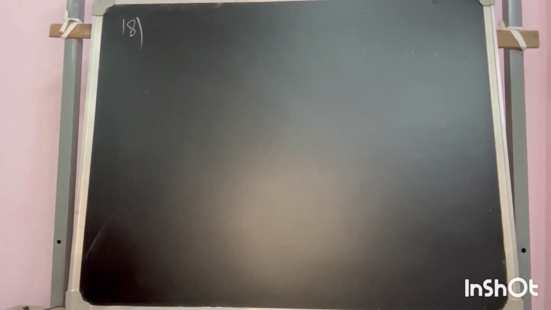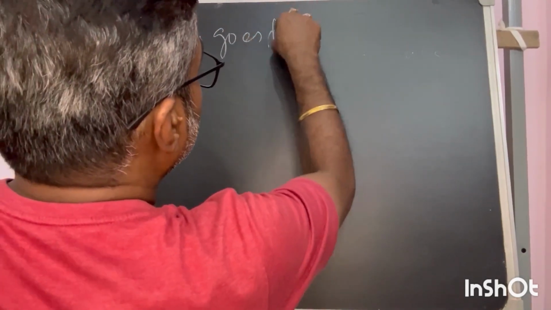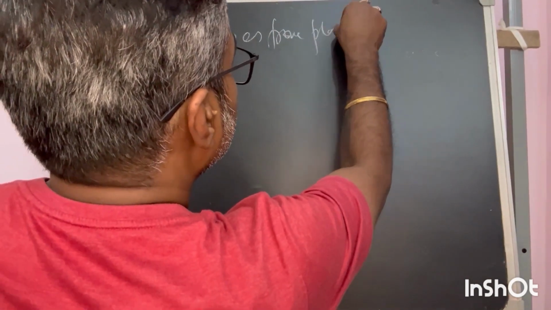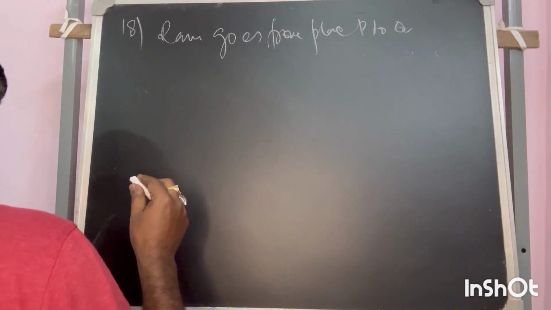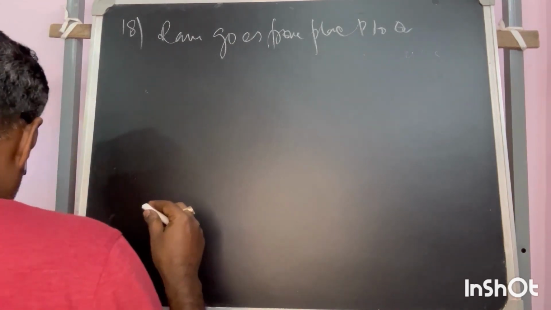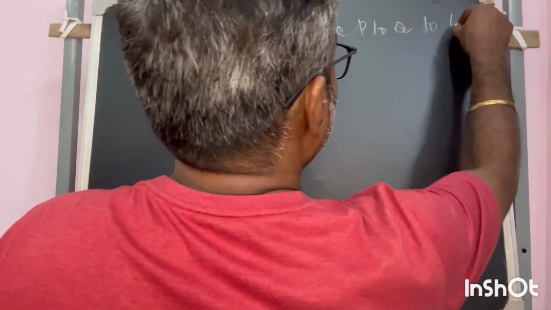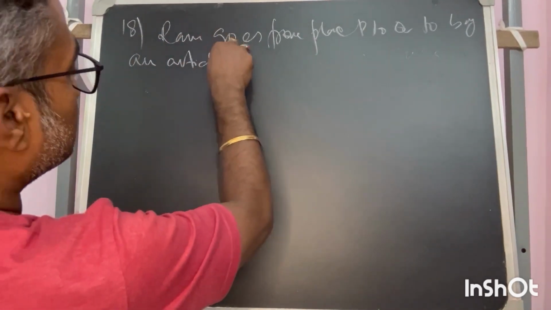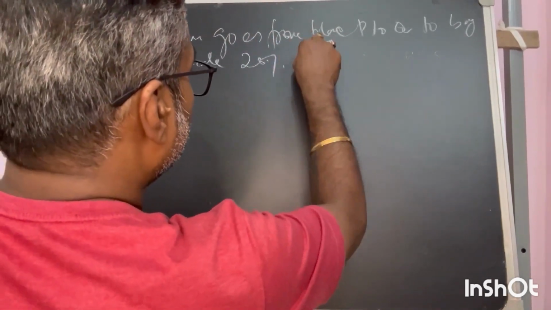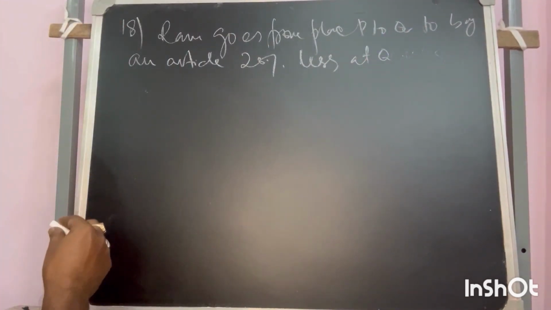Ram goes from place P to Q to buy an article costing 20% less at Q. This is the case.